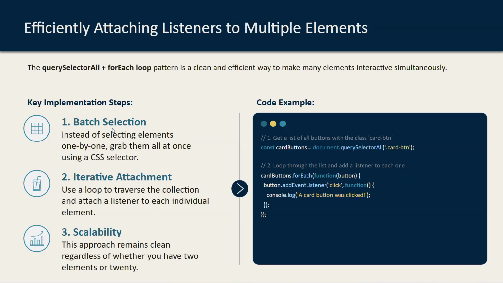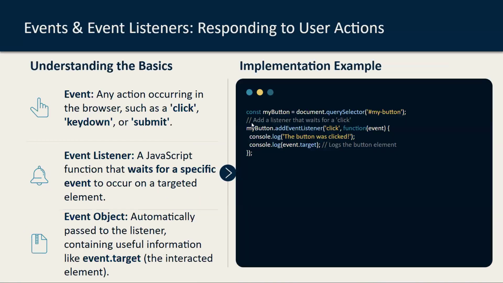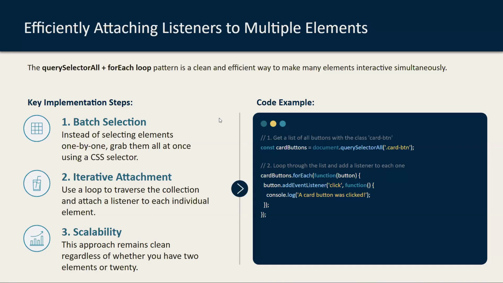Instead of selecting them one by one, which could get tedious, we can use the querySelectorAll method to grab them all at once. Then forEach is essentially a loop that goes through that collection and attaches a listener to each element. That is one of the clean patterns we can see in this slide.